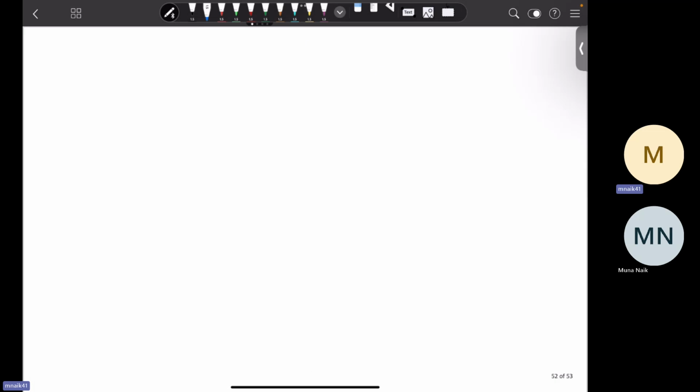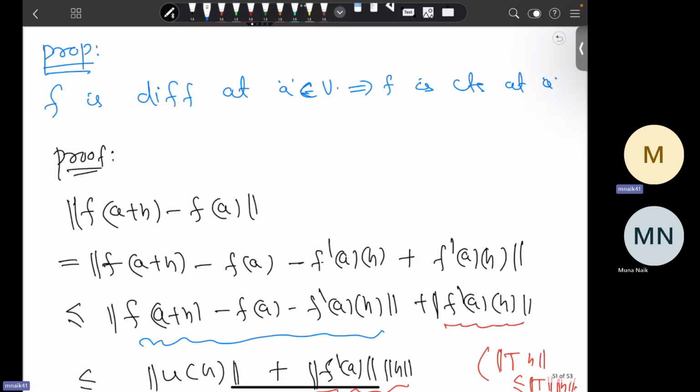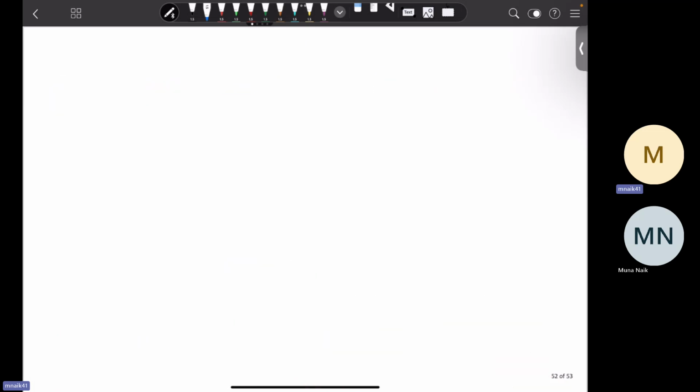We have proved that if f is differentiable at a, then f is continuous at a. So now our goal is to give some examples of functions and calculate their differentiability, that is, their derivative, the total derivative.